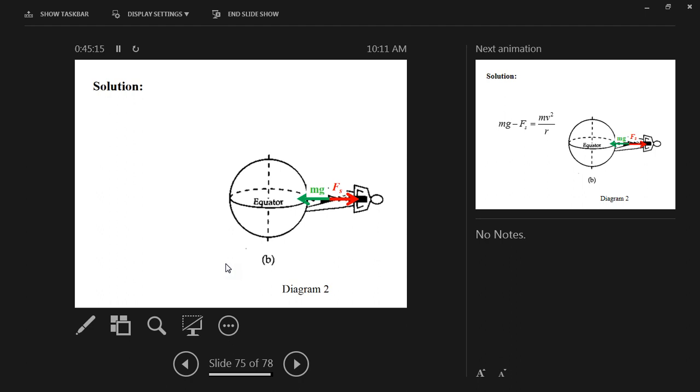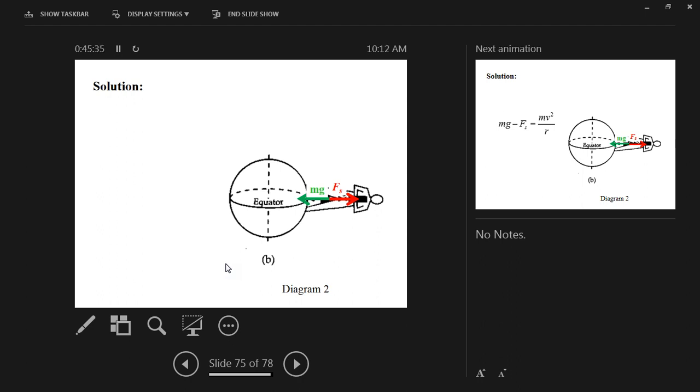And then the reading on the scale, I call it Fs. Are these two forces equal? No, very good. Why not equal? Because the object is going round in a circle. So there must be a resultant force towards center of the circle.